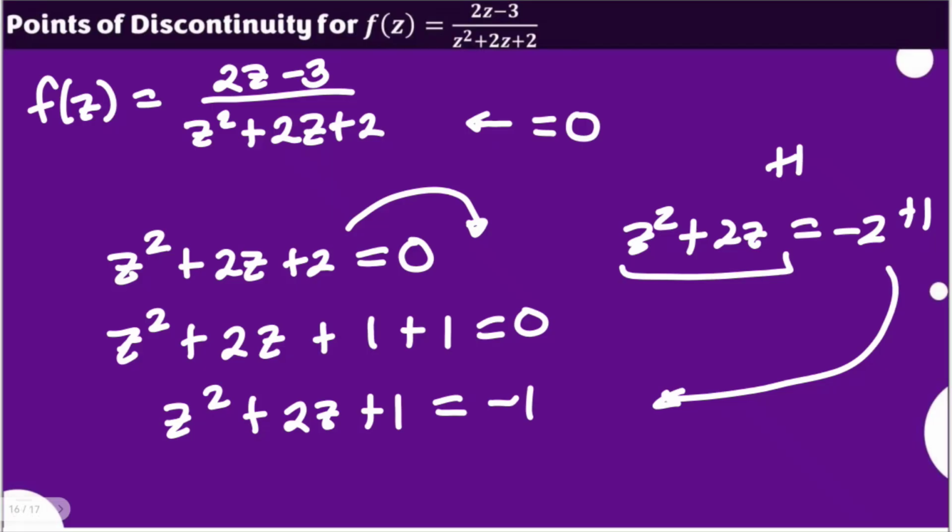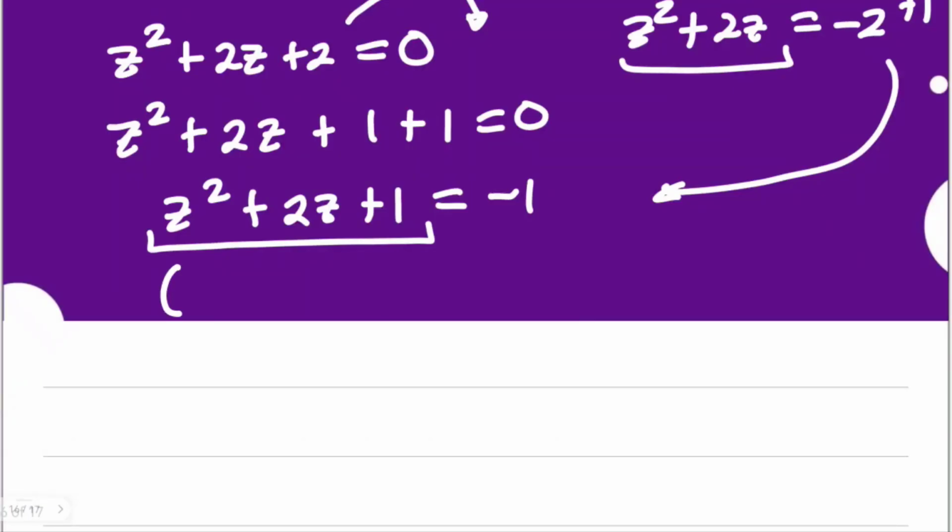So the point here is we have already come up with a perfect square trinomial on this side, and this time we can have the square of a binomial, z plus 1 squared, equal to negative 1.